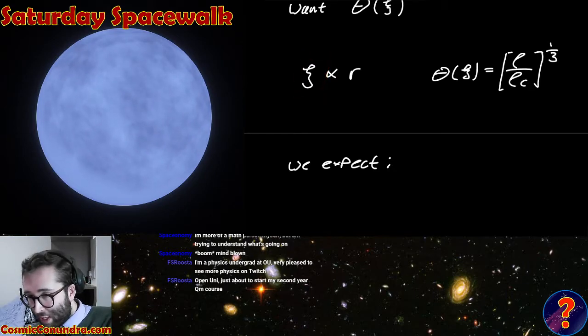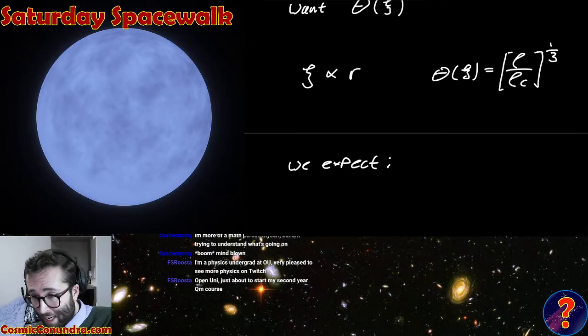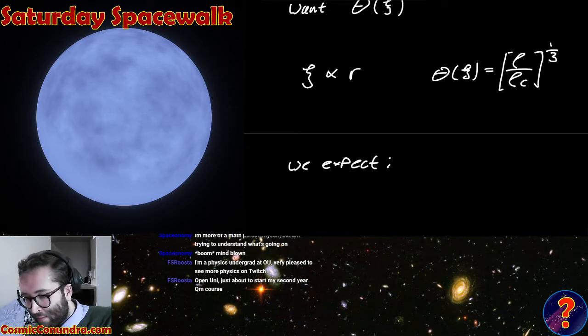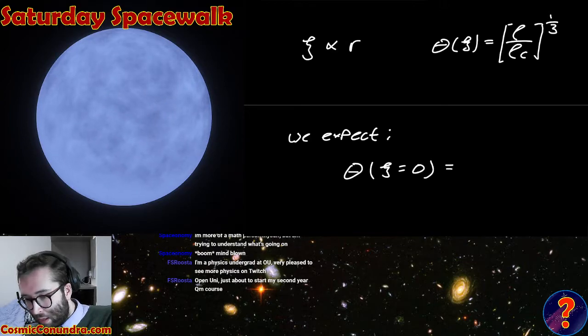And if you're at r equals 0, you would expect your density rho to be equal to the core density rho c. Therefore, at r equals 0 and xi equals 0, you would expect theta to equal 1, because you would then just have a rho c up here. So we expect that theta at xi equals 0 will equal 1.